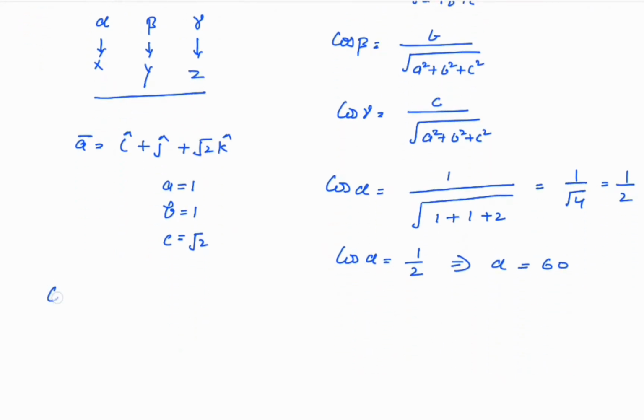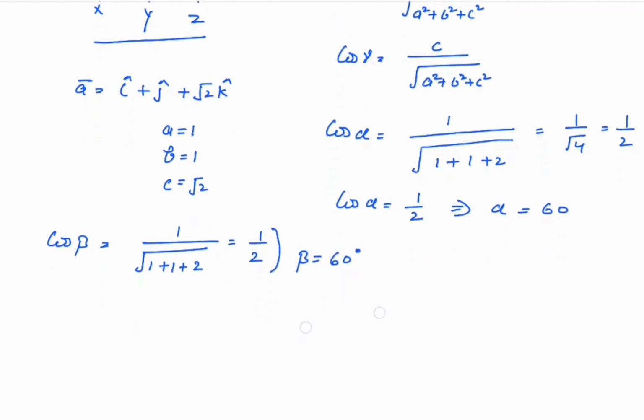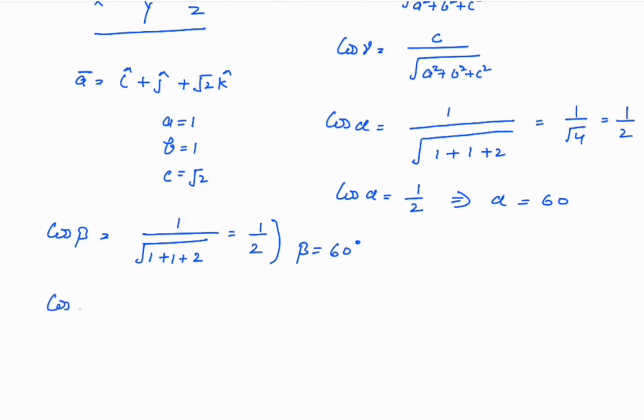Okay, now similarly find cos beta. Cos beta will be the same, because B is also 1. 1 divided by under root of 1 square plus 1 square plus root 2 square, which is equal to 1 upon 2. Here we are getting beta as 60 degrees. Now find cos gamma.